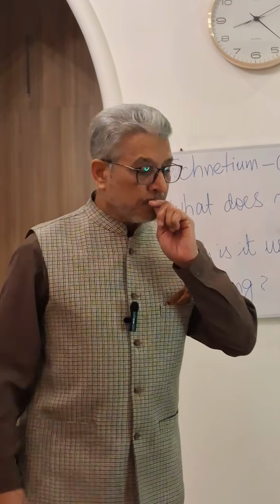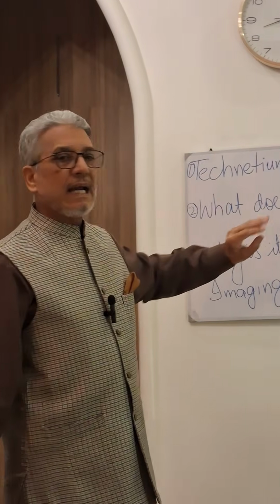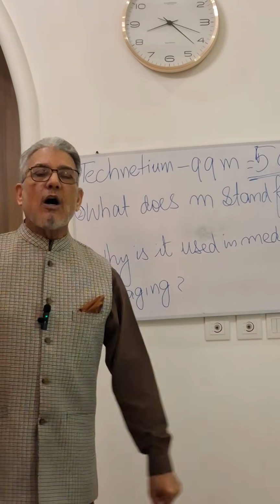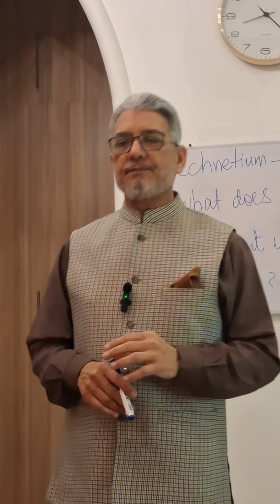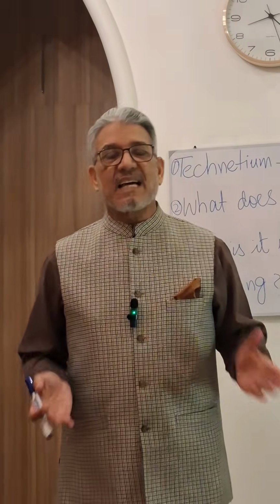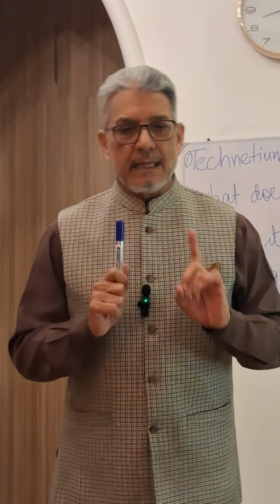Now, what does M stand for? Why is it called M? Now, M is used for a word metastable. Now, why has it been used here and what does metastable mean?